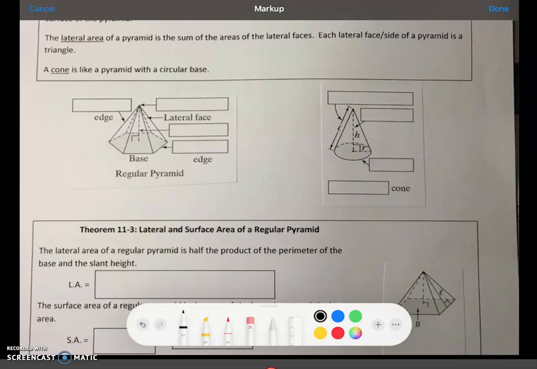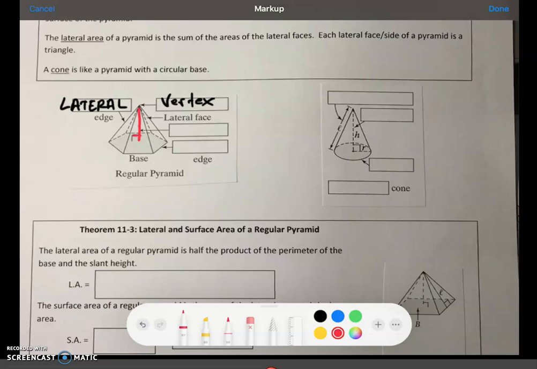All right, so we're going to go down here and fill in some of this vocab. This one here, where it's pointing to the top, is the vertex. This one here, where it's pointing to an edge, it says edge, but it is called the lateral edge. This one, right underneath lateral face, is an arrow pointing straight down. Let me see if I can highlight this in red.